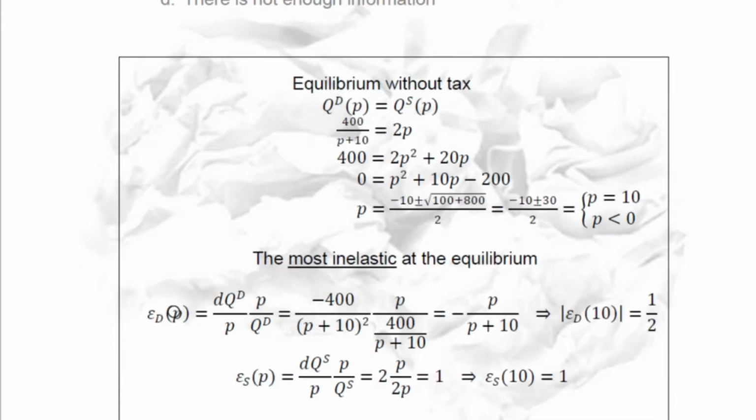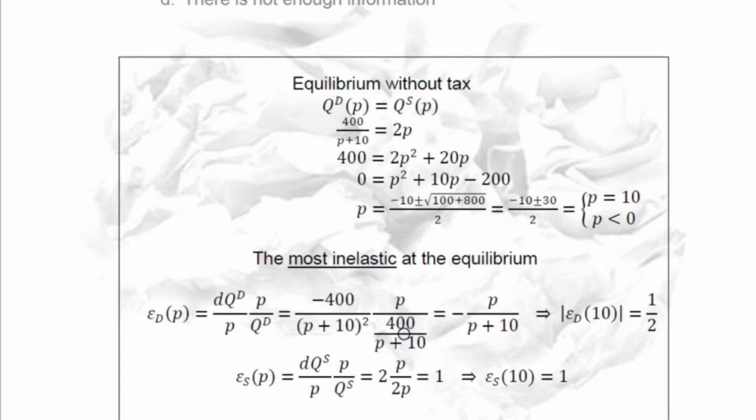So let's see the elasticities at the equilibrium. The price elasticity of demand is this derivative. Oh, I forgot a d here, sorry. The derivative of q with respect to p, times p divided by q. So the derivative is minus 400 divided by (p plus 10) squared, times p divided by q.